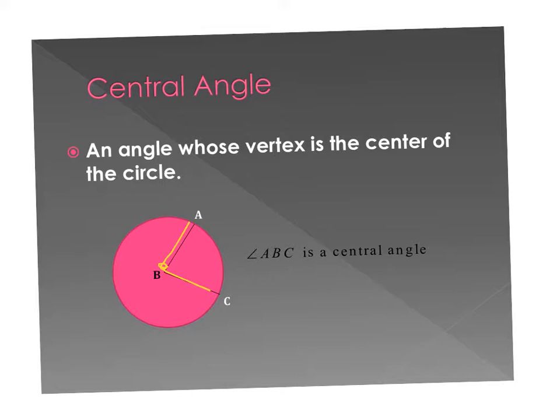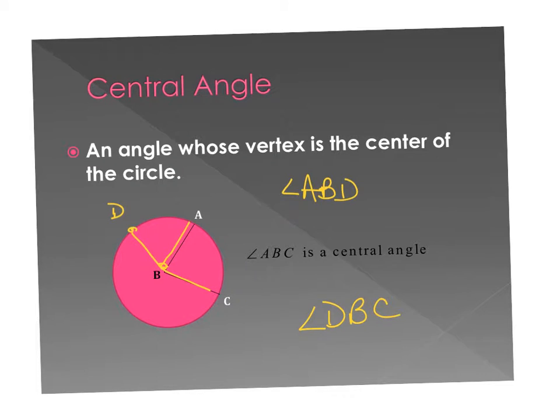If I were to add another point here, let's say I call it point D, I could also name another central angle, and that angle could be DBC. So angle DBC could be a central angle. I could also name it as ABD.